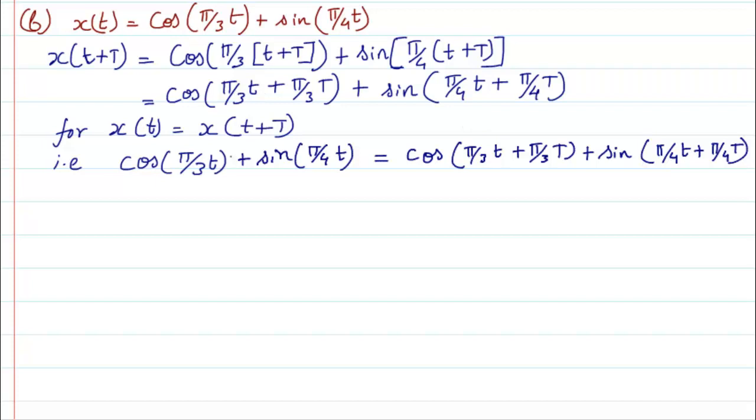So for the left and right hand side to be equal, this portion should be equal to this one, and for that we have to take care that pi by 3 times T should be equal to 2 pi or multiples of 2 pi.